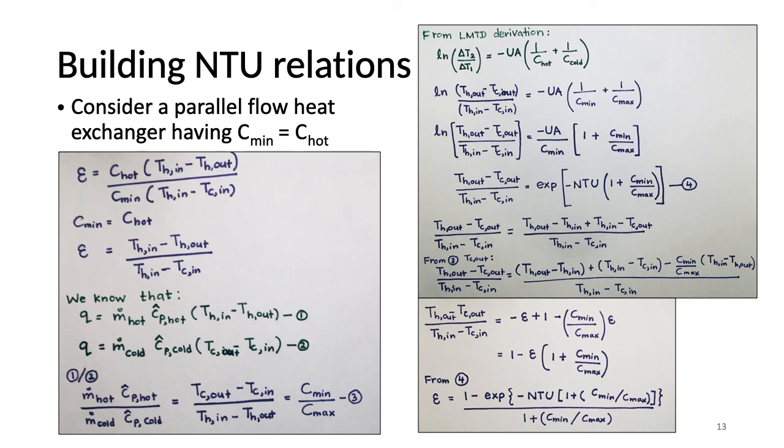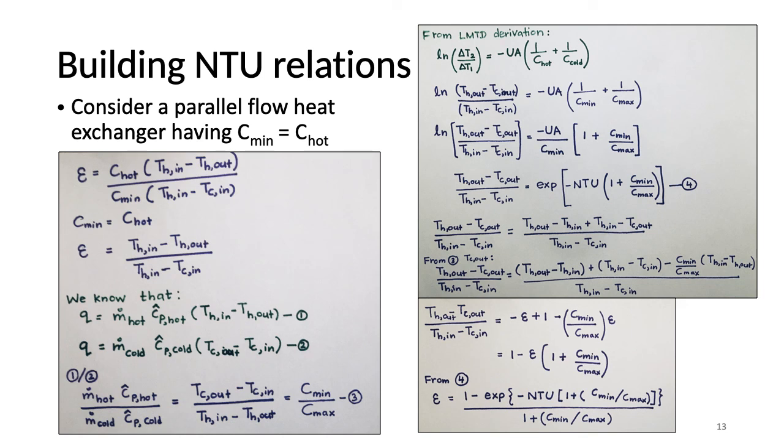Now we are able to make the NTU term. Let's take the left hand side of this equation and rearrange it so that we can use the equation 3. We substitute for Tc out and then again take the right hand side of the equation 4 into consideration.